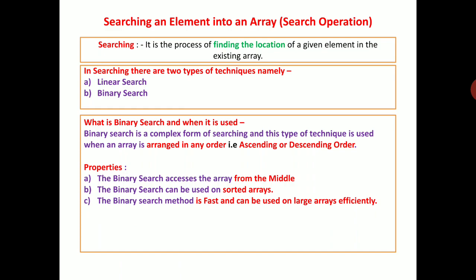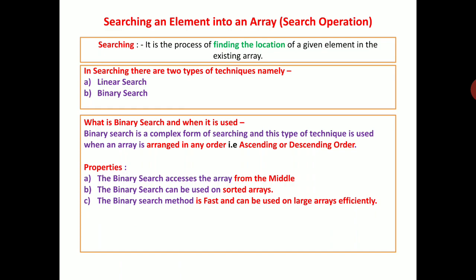As I already told, the binary search technique is mainly used on large arrays, and we can find an element in a very short period. How we can do it, we will see in its algorithm, but first let us try to understand its properties.